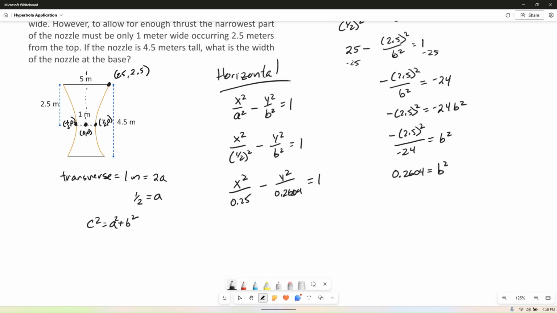Well, let's do the same thing that we did to find this top right corner. Could we find an expression for the bottom right corner? Okay. If I were to extend this center line down from the center to the bottom side, do I know its length? Well, I know the whole nozzle is 4.5 meters tall, and I know the top part of it is 2.5 meters tall, which means the bottom part is only going to be 2 meters.